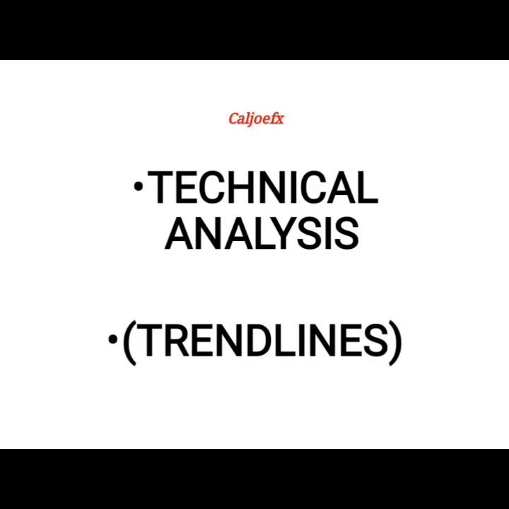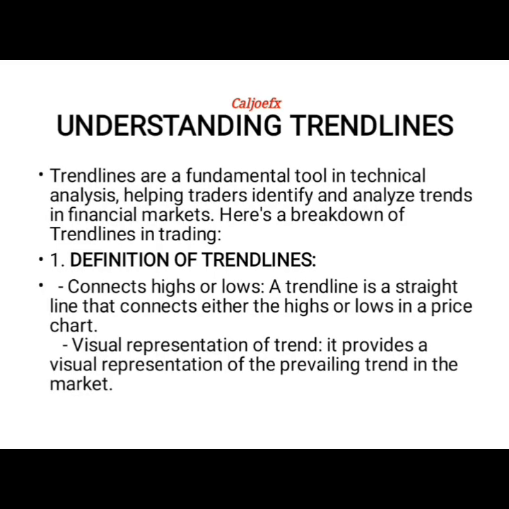Now let's see what a trend line is. Trend lines are fundamental tools in technical analysis, helping traders identify and analyze trends in financial markets. You need to understand that it helps traders to identify and analyze the trend in a particular financial market.